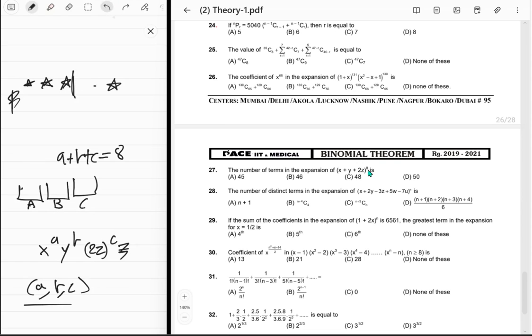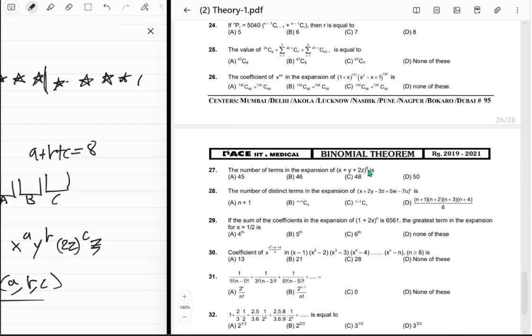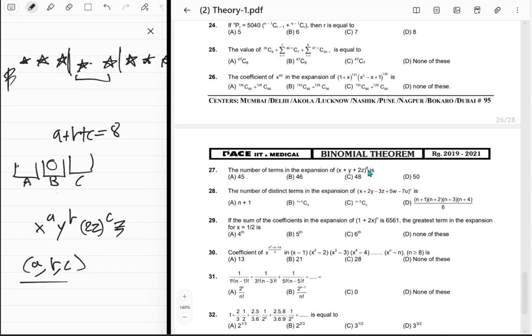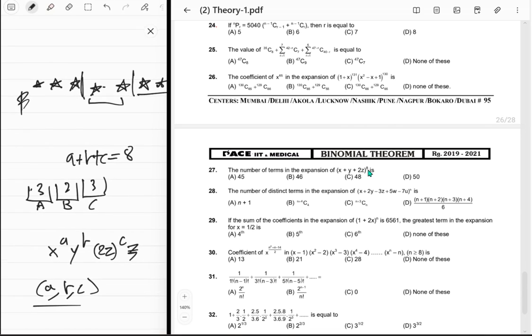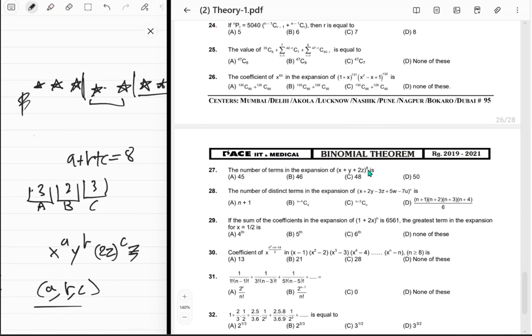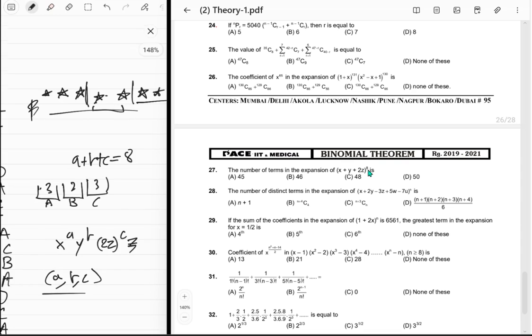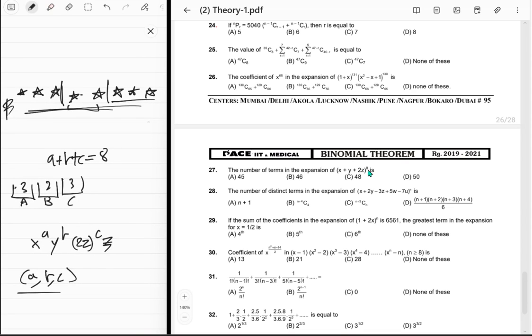We've got 8 stars, right? So maybe I will take another bar and put a bar over here. So these 2 stars will go into the second one. So you have 2 over here, and 3 over here, and then the remaining 3 will go over here, right? So the number of ways that we can insert these 2 bars will be the number of ways that we can get ABC, because each of these configurations gives us a distinct ABC.